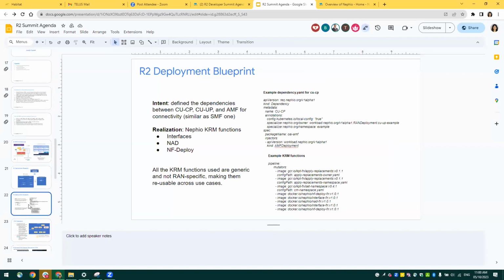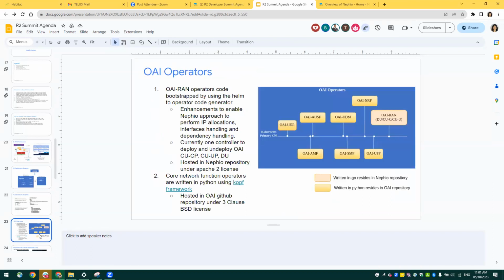Slide 22 is more about how we actually delivered. We created a high-level intent. We explained how the intent is getting realized. And on the right-hand side is how it's being done, with some code examples. Then slide 23 is the actual operators that were delivered, showcasing the fact that we can do operators in different ways.